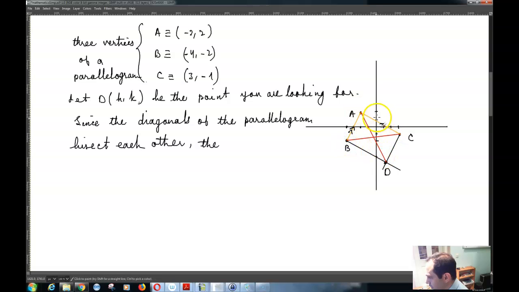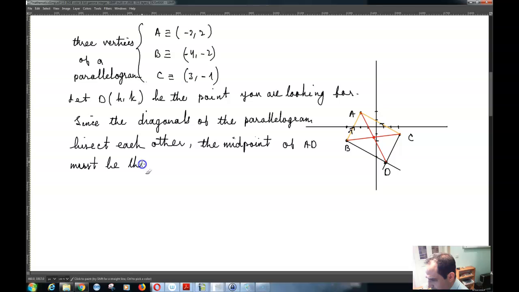then I can say that the midpoint of AD must be the same as the midpoint of BC.